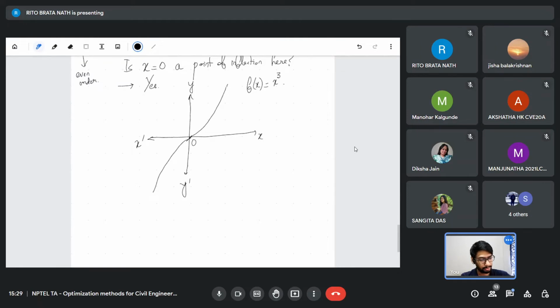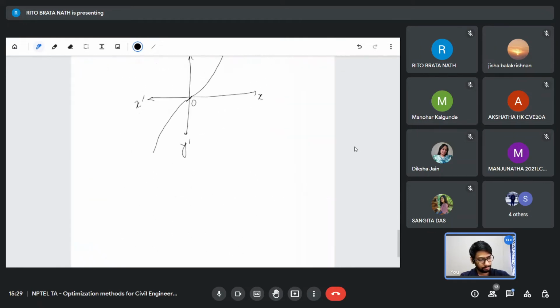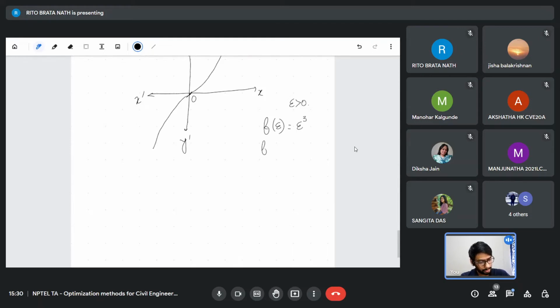Suppose you take a very small value, epsilon, which is greater than 0. That will give you epsilon cube. And if you take minus epsilon, that will give you minus epsilon cube.